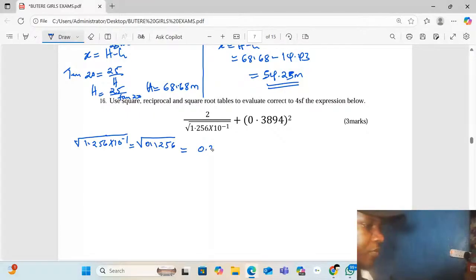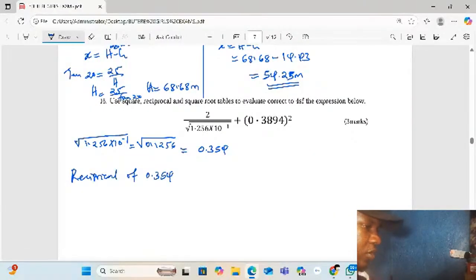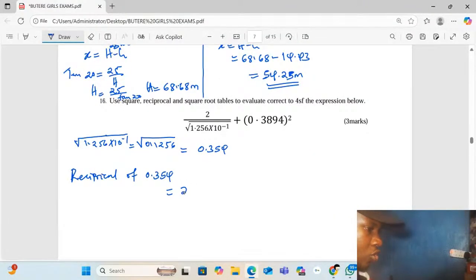So now we have 2 over 0.354. Now we look for the reciprocal of 0.354. You're going to get 2.824.